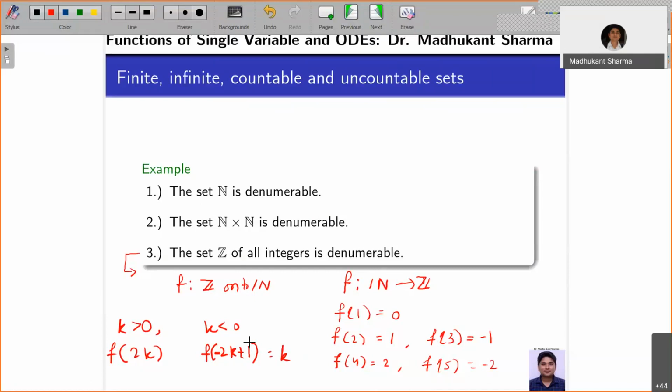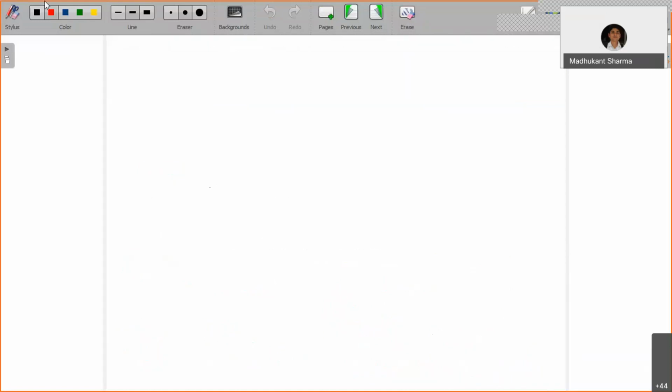Okay, so this way you can define the bijection from N onto Z. Now let's identify a bijection from N cross N onto N. Now we are going to show, as example 2, that N cross N is countable.